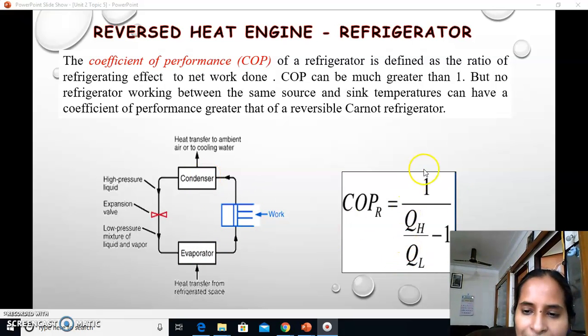So it is written in this form: QL divided by QH minus QL. The COP of the refrigerator would always be greater than 1. Here the performance of the reversed heat engine is to maintain a lower temperature at a place compared to the atmospheric temperature.